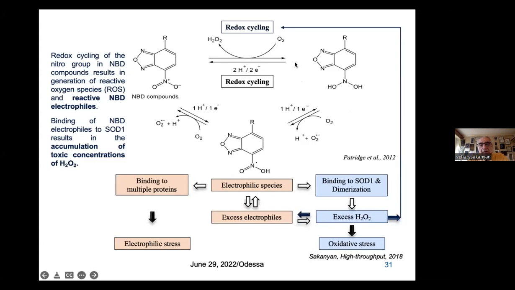But the question arises, just a minute, if there is a recyclization of this electron, what happens with the other part of the compound? And this is the explanation. Here we have only the reactivation of the oxygen in this redox cycling. So this compound is left alone and it should react.